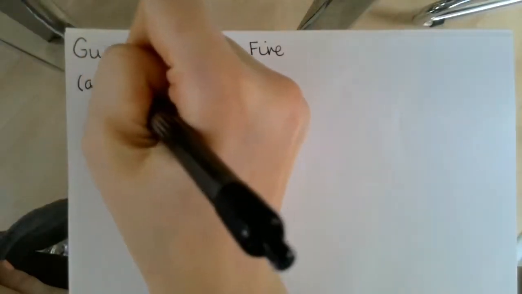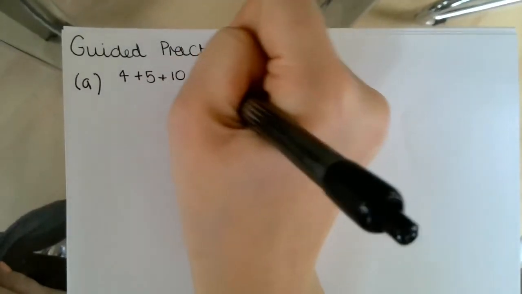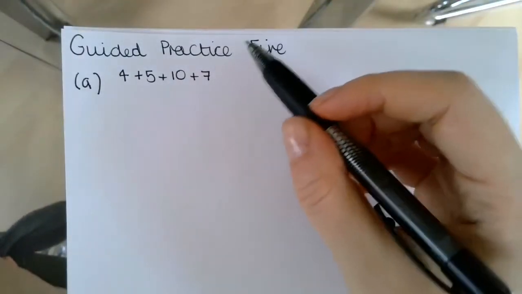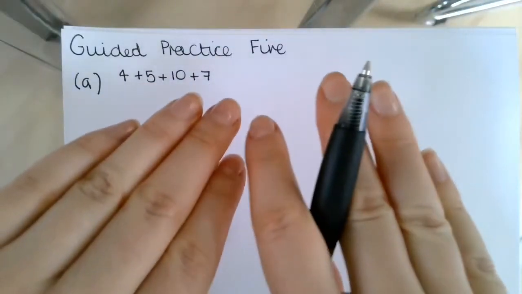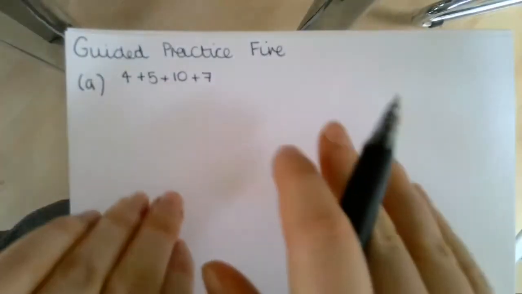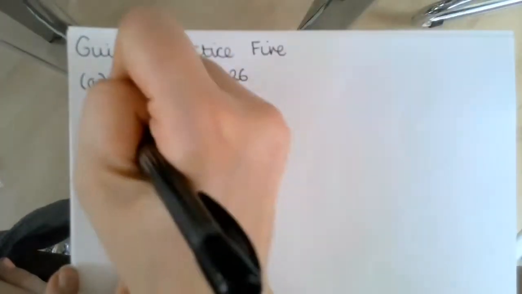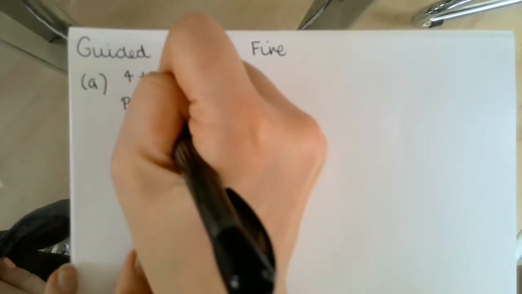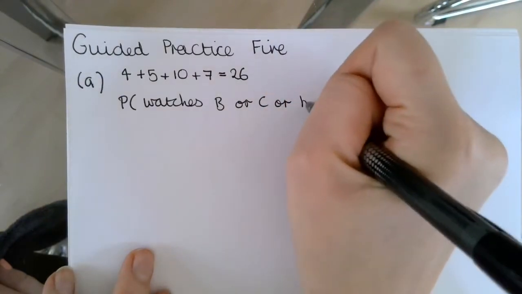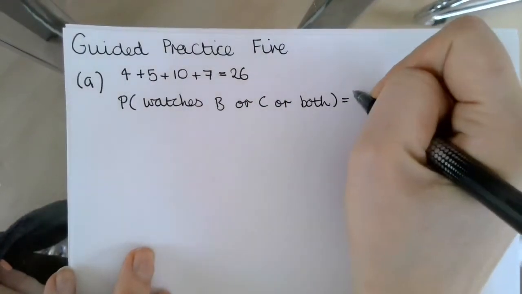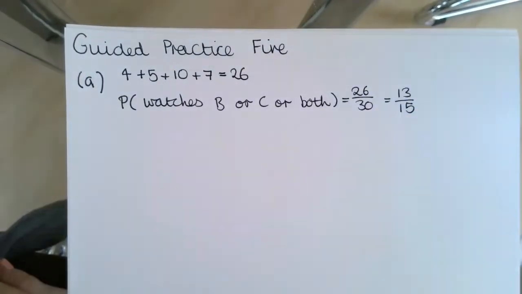So we're going to do 4 plus 5 plus 10 plus 7 to find the total amount of people that either watch B or C or both, remembering that the overlap with B and A still includes people that watch B. So 4 add 5 add 10 add 7 is 26. So the probability that somebody watches B or C or both is equal to 26 over 30, which is equal to 13 over 15.